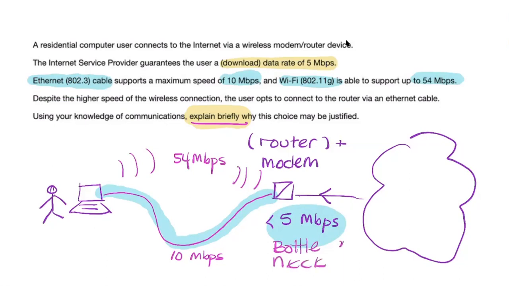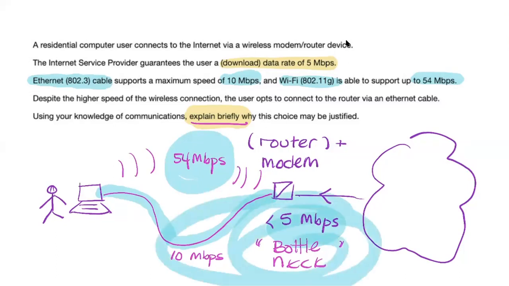This is what determines how fast the user can download information. So the rate of download from the web to this person's computer is determined by the lowest of the two speeds. So even if he were to connect using Wi-Fi at 54 megabit per second, he's unable to download data at anything higher than 5 megabit per second, because that's the bottleneck.